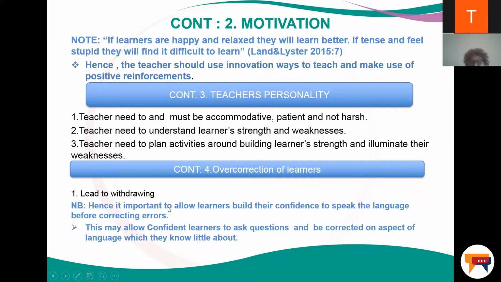Hence, it is important to allow learners to build their confidence to speak the language before correcting errors. This may allow confident learners to ask questions and be corrected on aspects of language which they know little about.